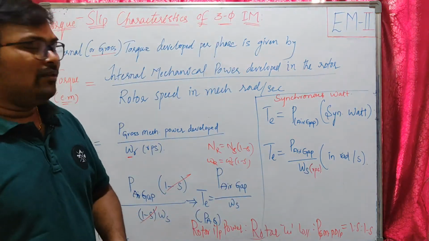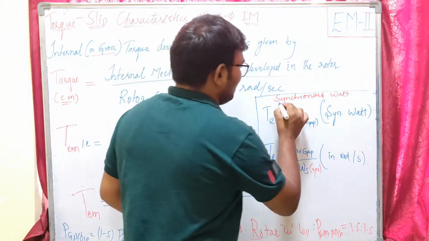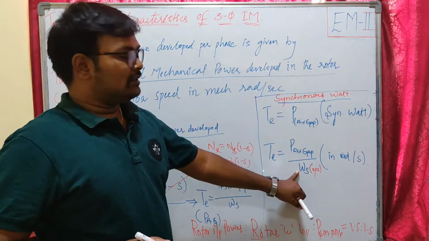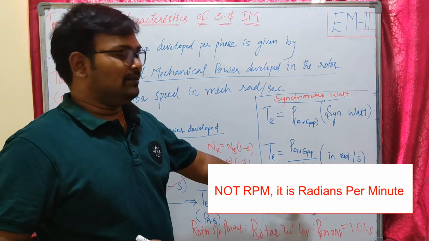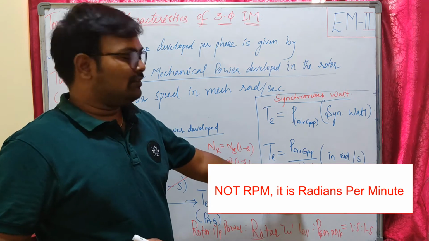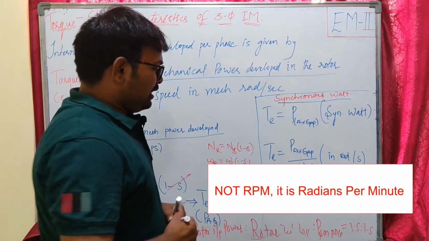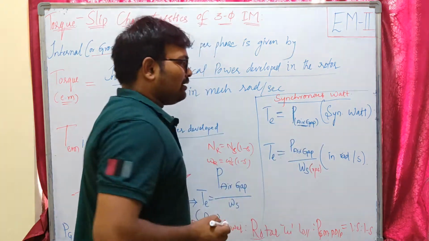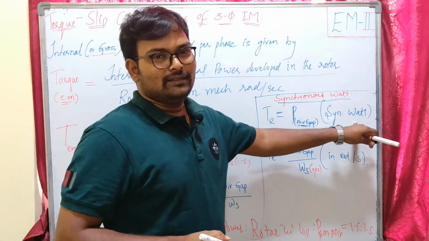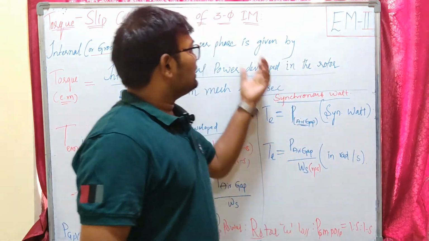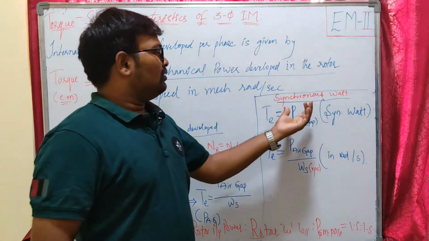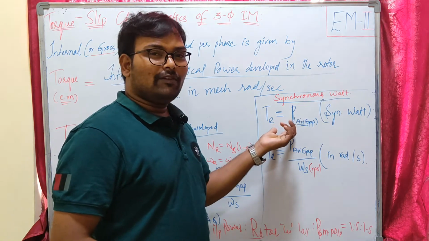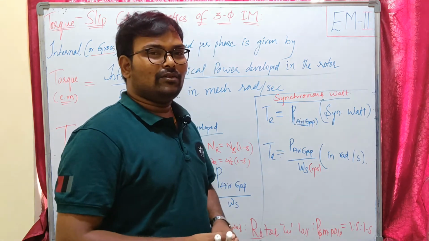One point to remember is that the synchronous speed, omega S, is constant for any given machine. So our electromagnetic torque is proportional to the air gap power. This is called synchronous watt. A 3-phase induction motor is said to develop 1 synchronous watt of torque if 1 watt of power is transferred from stator to rotor at synchronous speed.